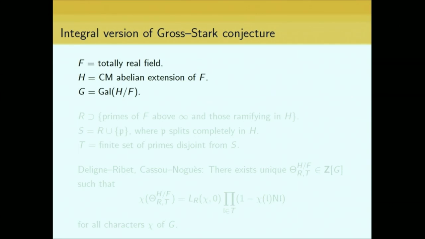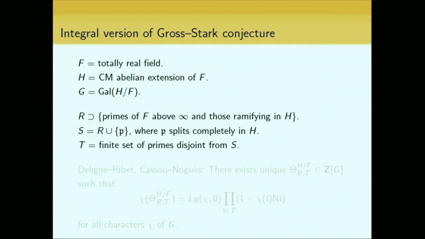So the setting is that I have a totally real field F, and a CM abelian extension of F, which I call H. It's the same setting as before, and I let G be the Galois group. Now I let R be a set of primes containing those above infinity and those ramifying in H. Then S is R union one extra finite prime P that splits completely in H.